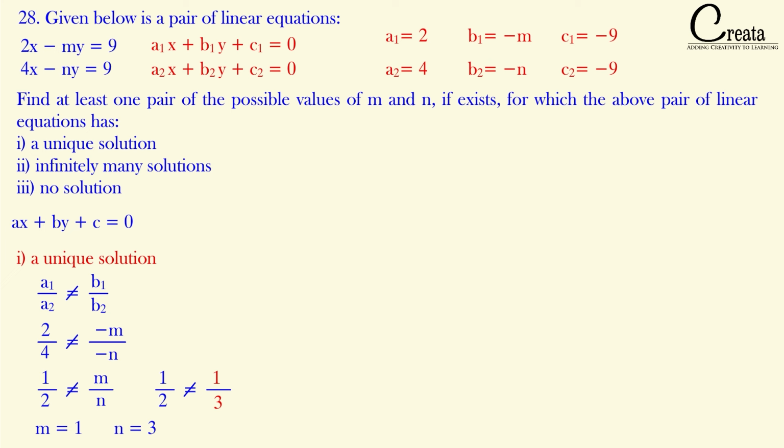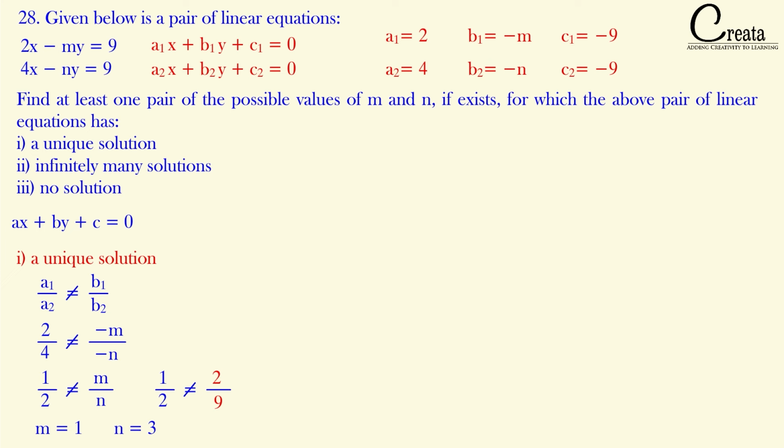Here 1 upon 2 is not equal to 1 upon 3. So our condition is not matching, that is a1 upon a2 is not equal to b1 upon b2. So we can say the two linear equations will have a unique solution. You can take any value of m upon n, such as 2 upon 5, 7 upon 9, 1 upon 5, 2 upon 9, anything, but it should not be 1 upon 2.